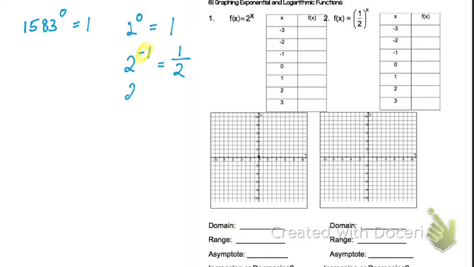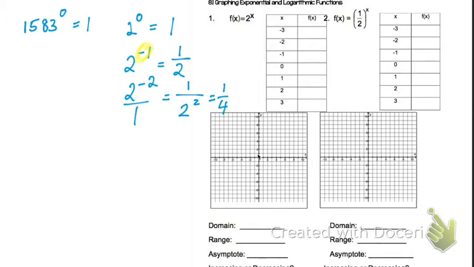So if you had 2 to the negative 2, it's like saying 1 over 2 squared, which is 1/4. So a negative exponent becomes positive once it crosses the fraction line to the denominator.